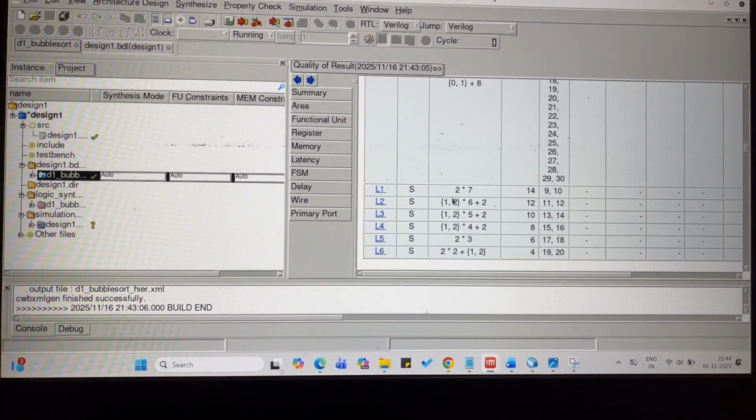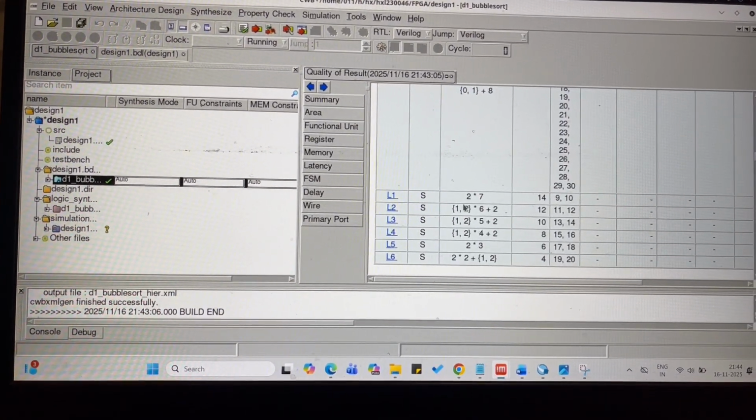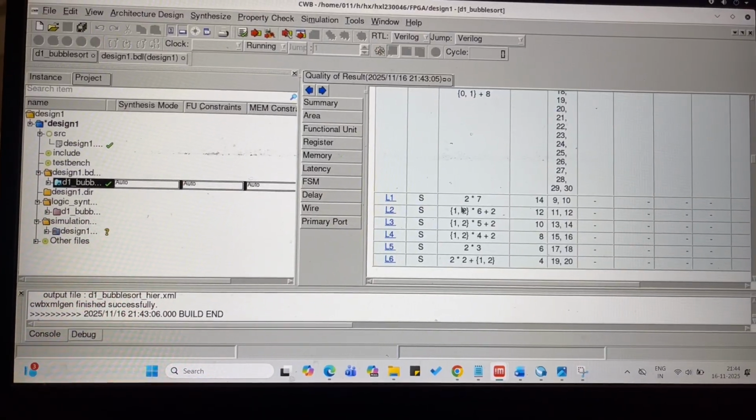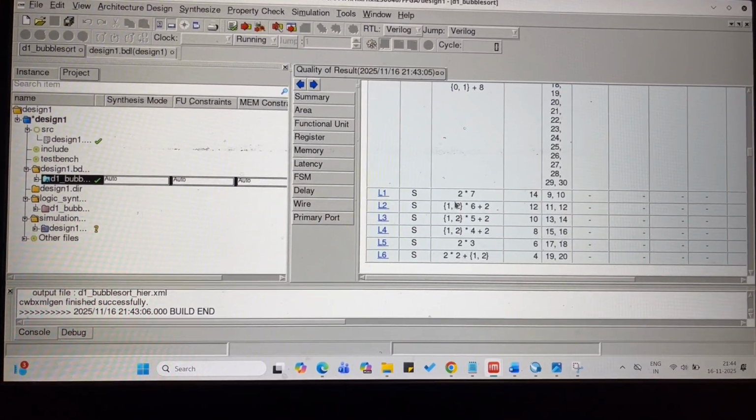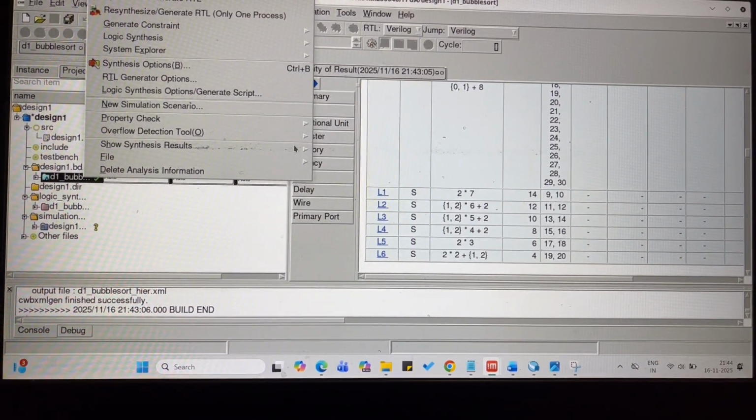From this data we can conclude that the area consumption is very low. And over here we can see the data path.